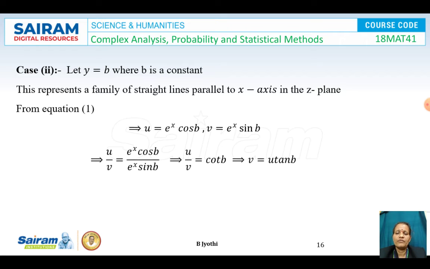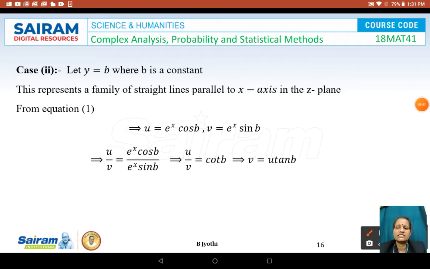Next, when we put y is equal to b, where b is a constant, this represents a family of straight lines parallel to the x-axis in the z-plane. So u is equal to e power x cos b and v is equal to e power x sin b. Therefore, u by v is e power x cos b by e power x sin b, where e power x and e power x get cancelled.